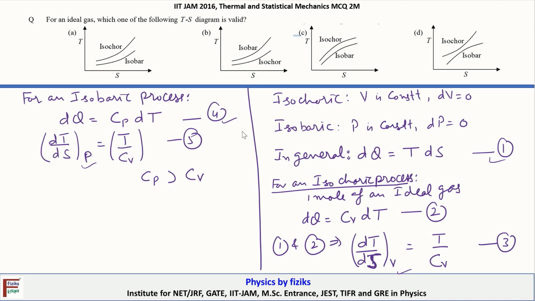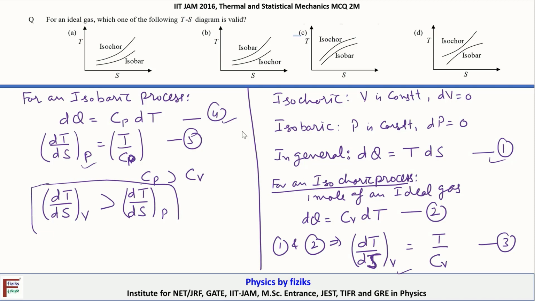Because Cp is larger than Cv, this implies that dT by dS under isochoric condition, at constant volume, is going to be larger than dT by dS at constant pressure. Not only larger, but these are positive quantities in fact, so they have positive slope.